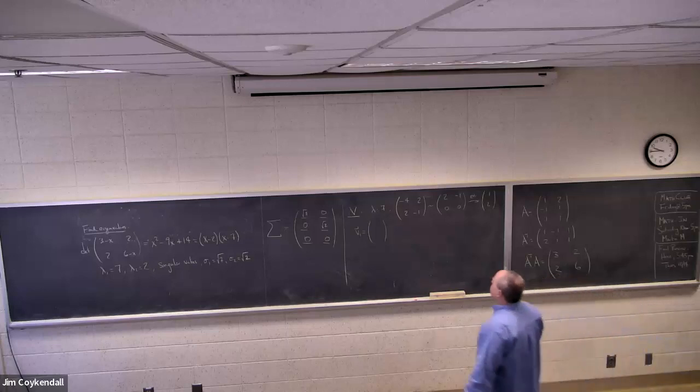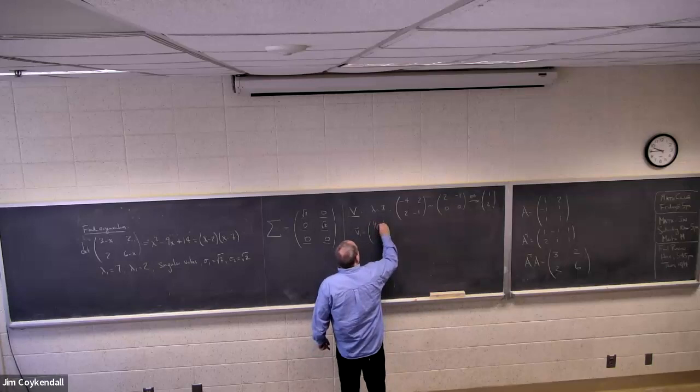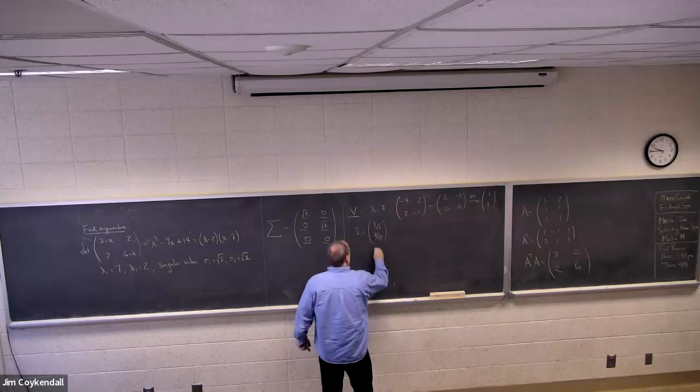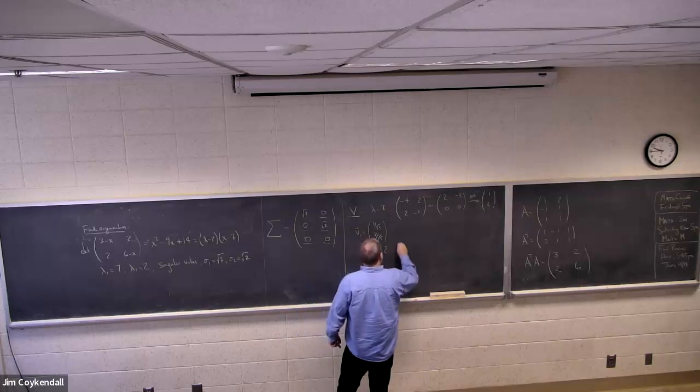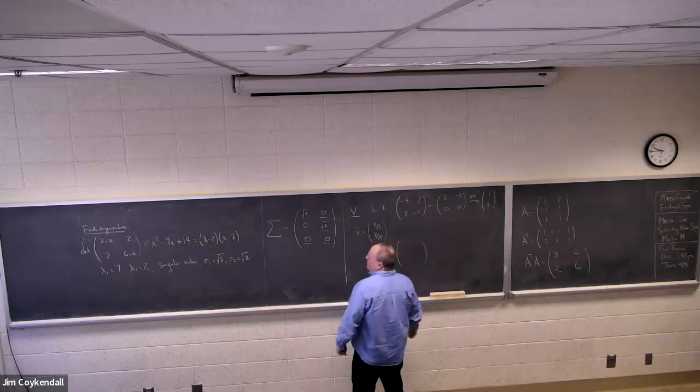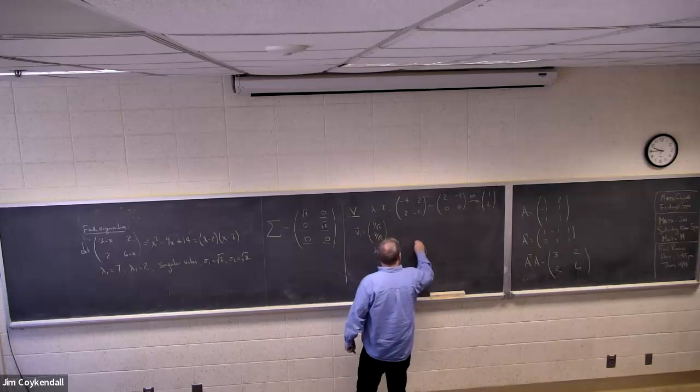Root 5, yeah. But remember, it's normal basis. Lambda equals whatever the other one was, 2. I get 1, 2, 2, 4.